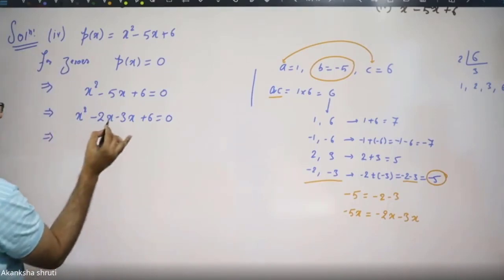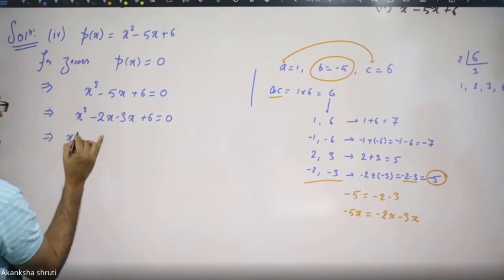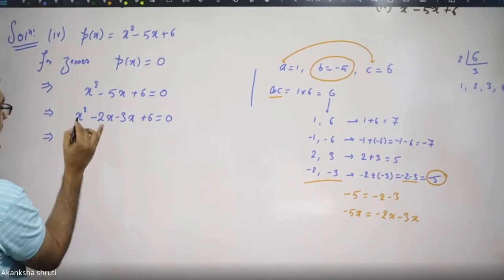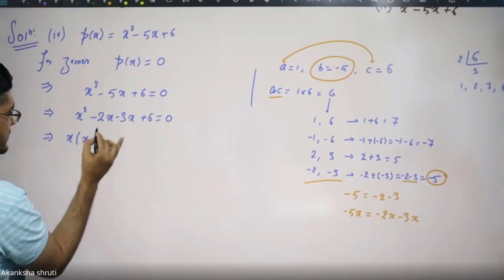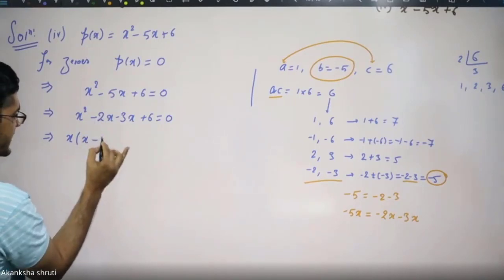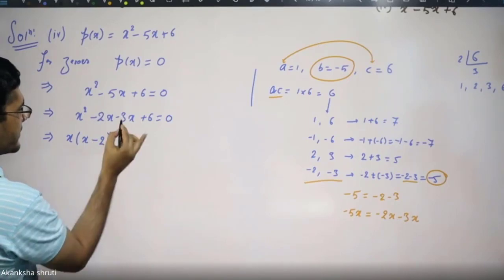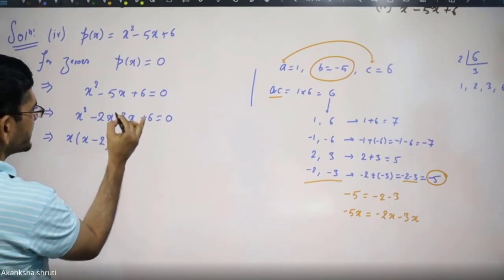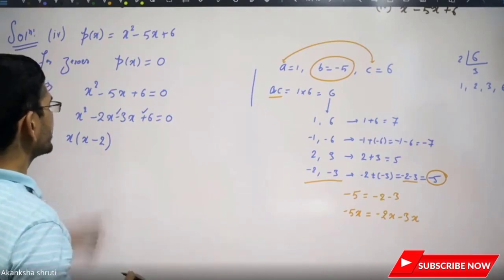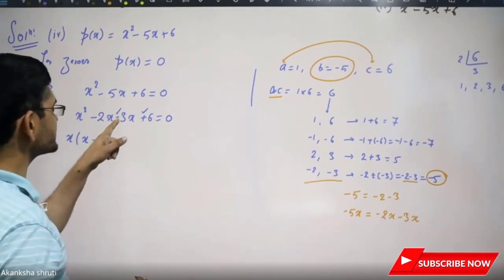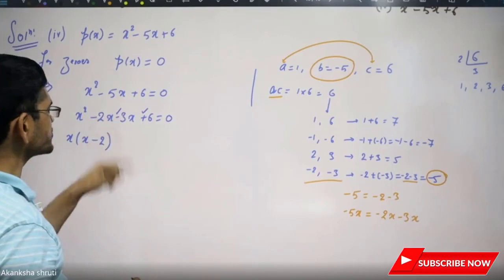Now take this x as common. So this is x minus 3 only left. From this minus 2x, the only 2 will be left with the negative sign. Now in this we are getting, student, this is negative, this is positive. Keep in mind, wherever negative sign is coming first, take that minus out.